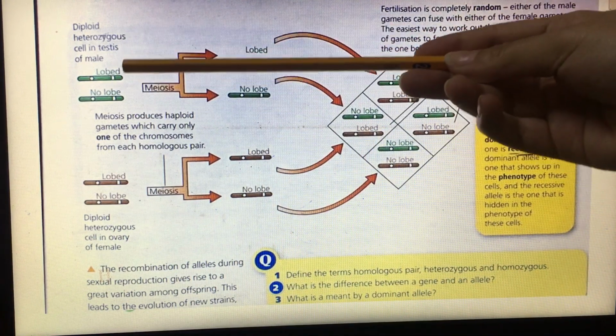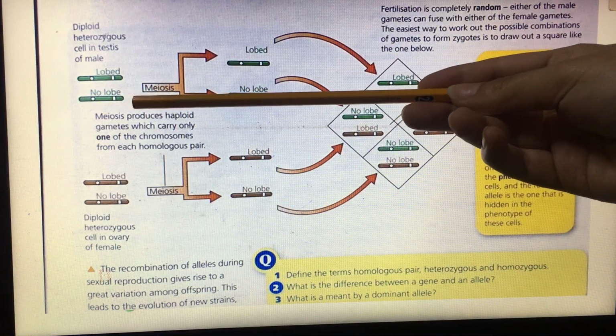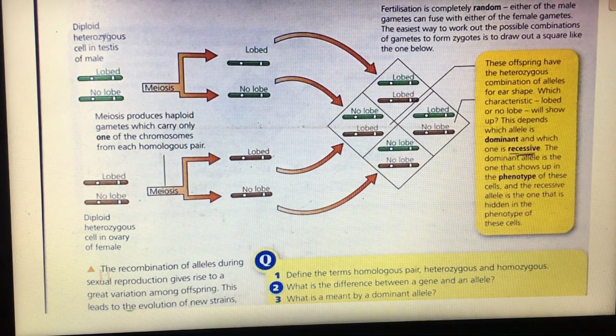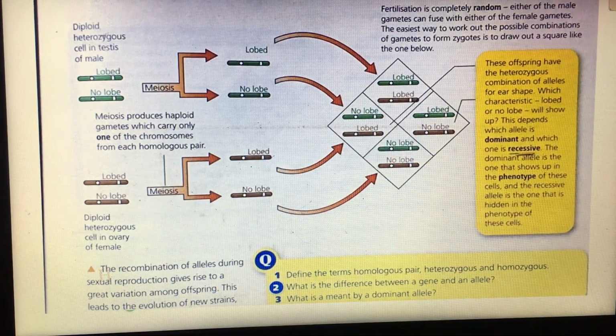Here, loop in the first chromosome, one ear shape. Here, no loop gene in the second chromosome. This is for the male cell. In the female cell also we have loop and no loop in 2 different chromosomes.